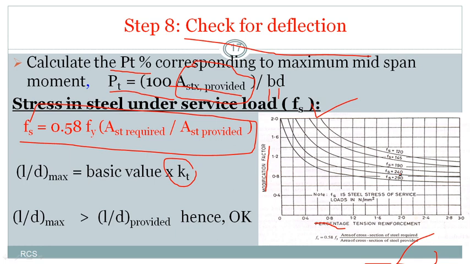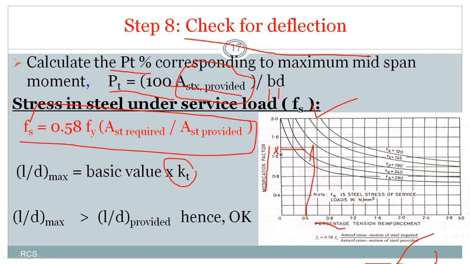So if you are getting, say, 0.4% of tension reinforcement and Fs is 240 N/mm², project this value of 0.4% straight up onto the curve, where it will intersect the Fs value of 240, and this value will be projected onto the y axis. Whatever value we get here is the modification factor, kt.